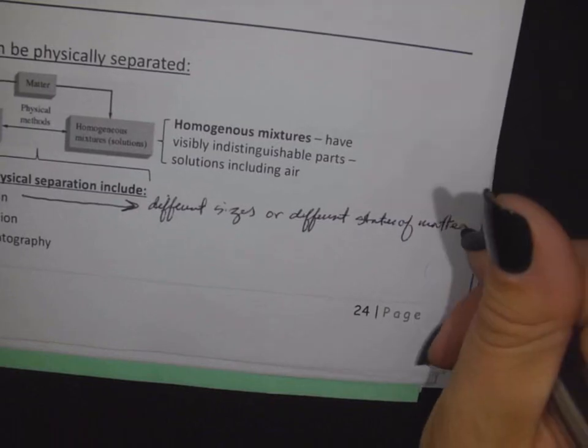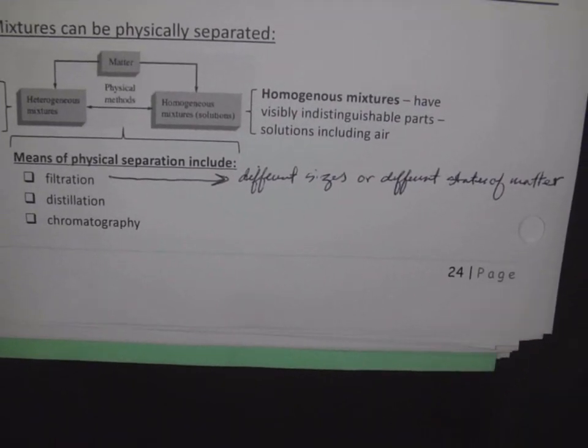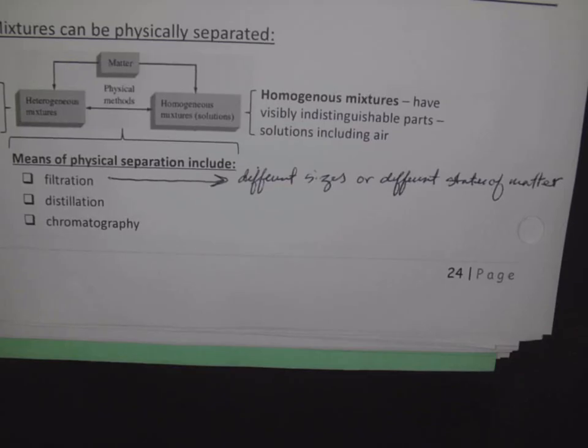Okay, so filtration works great if the mixture is of two things that are different sizes, or if they are of different states of matter. Like the most common one is when a solid is mixed with a liquid, then I run it through a filter, and then that solid gets caught in the filter, and then I'm able to separate it that way. Okay?